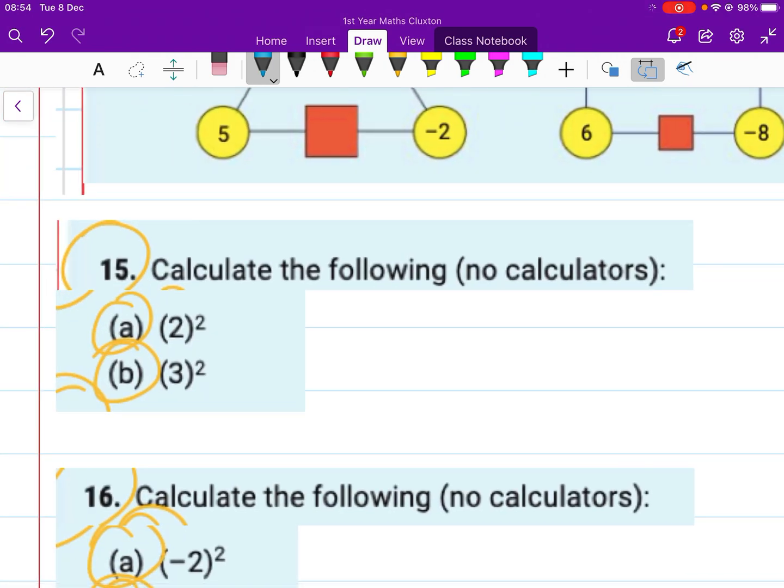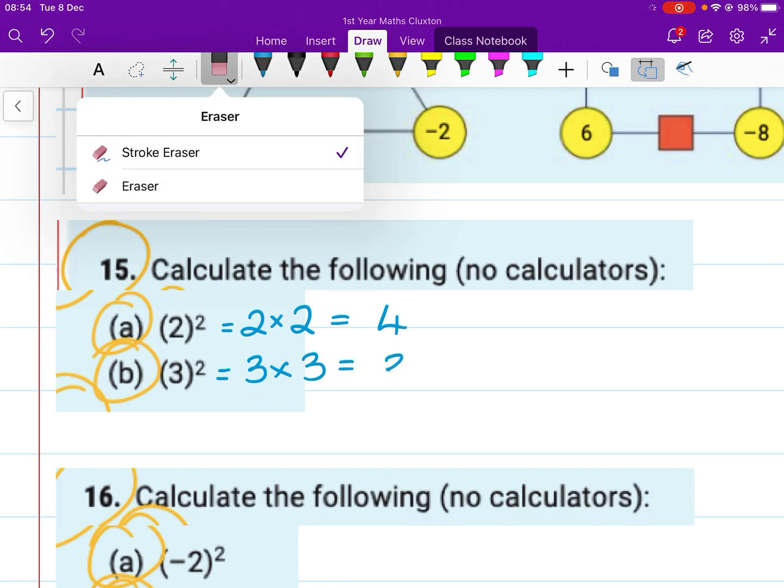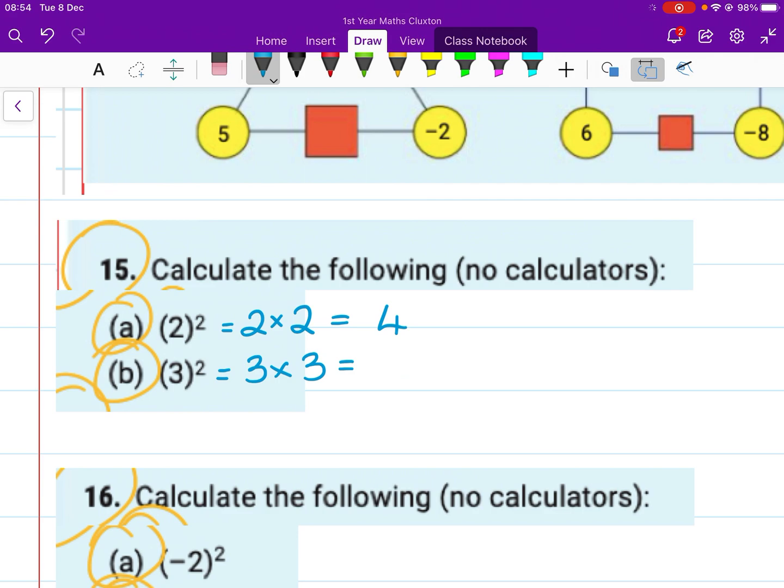And this one here then, so 2 to the power of 2 means I write down two 2's and I multiply them, and 2 by 2 is 4. Here, 3 to the power of 2 means I write down two 3's. Oh, sorry. And 3 times 3 is 9.